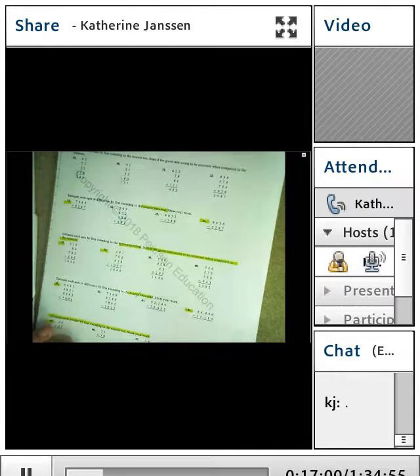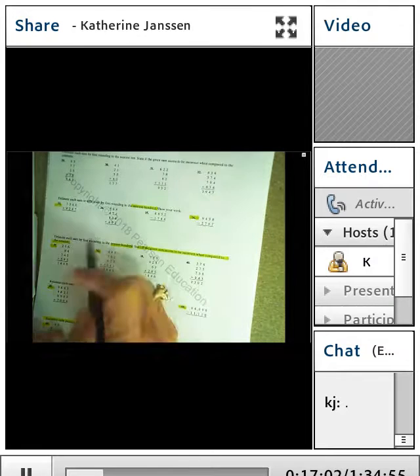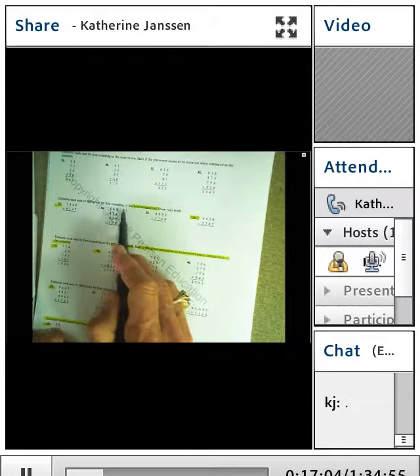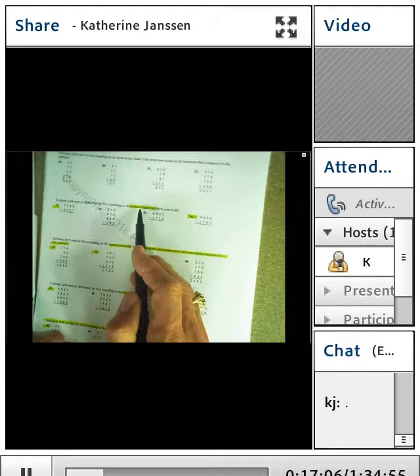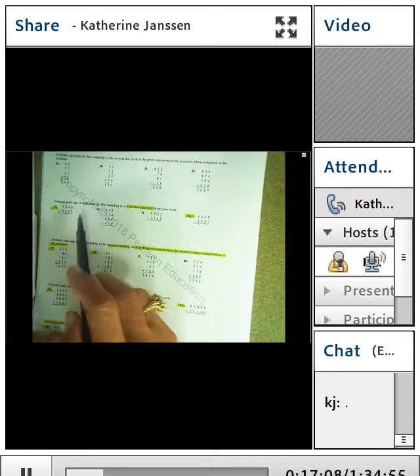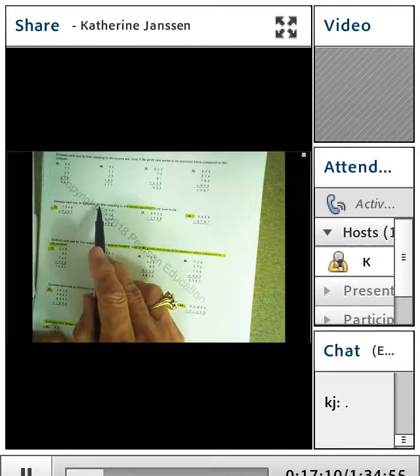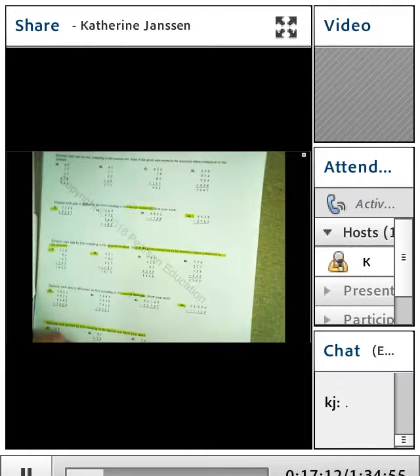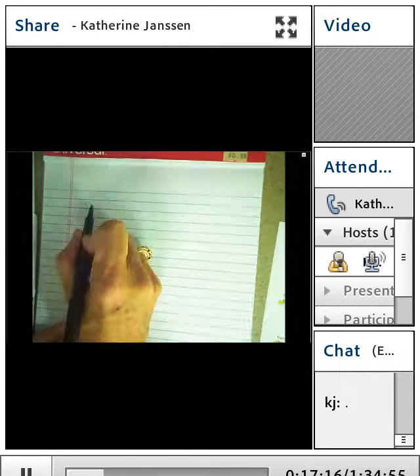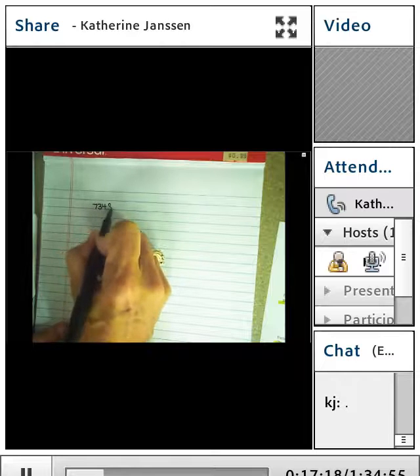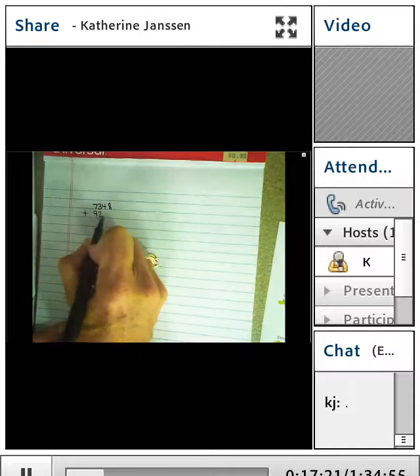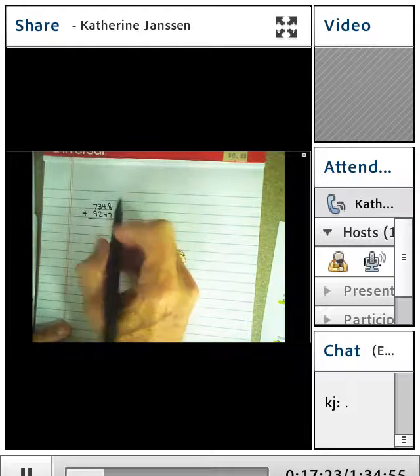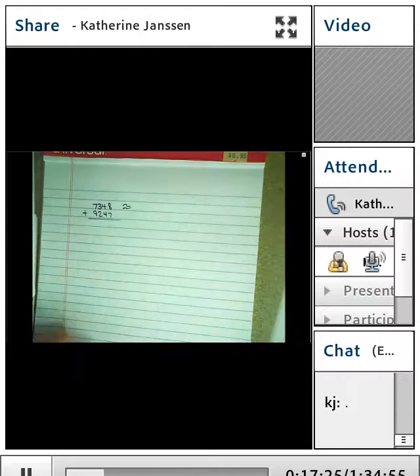On page 44, we're asked to estimate each sum or difference by first rounding to the nearest hundred. So number 38, we have 7,348 plus 9,247. We're just going to estimate this by first rounding to the nearest hundred.